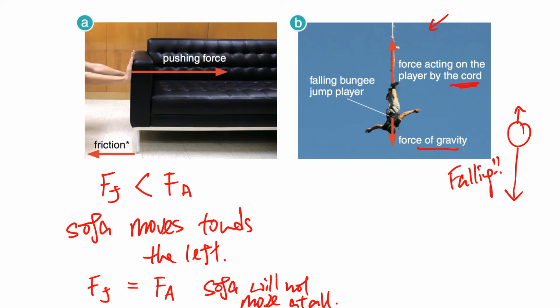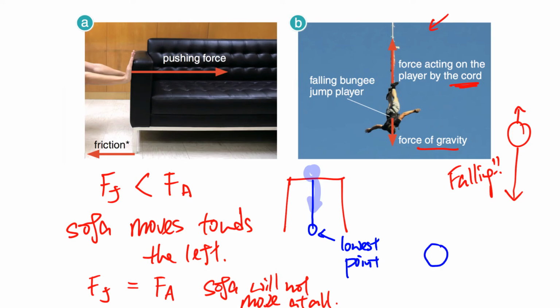But at the lowest part, when the guy goes all the way to the lowest point, you find that he is momentarily at rest and then changes direction. At that point, the force of gravity goes down and the force by the cord goes up. If they are the same, the player will be at rest at that moment.